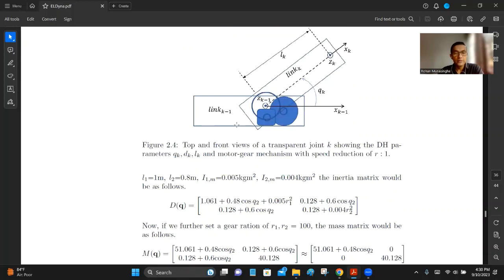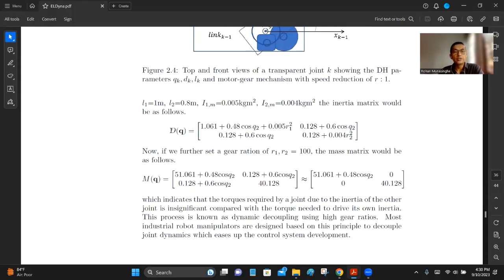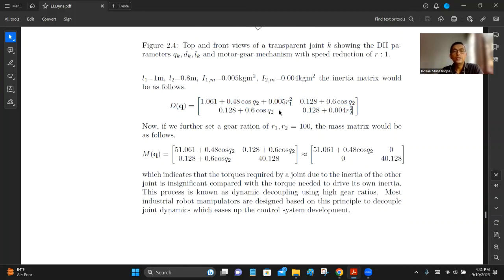So when you do that, this is your matrix. And there you can see this R coming in. R is the gear ratio, R1 and R2. Now you have a choice to choose your gear ratio for joint 1 and for joint 2, for your advantage, actually.